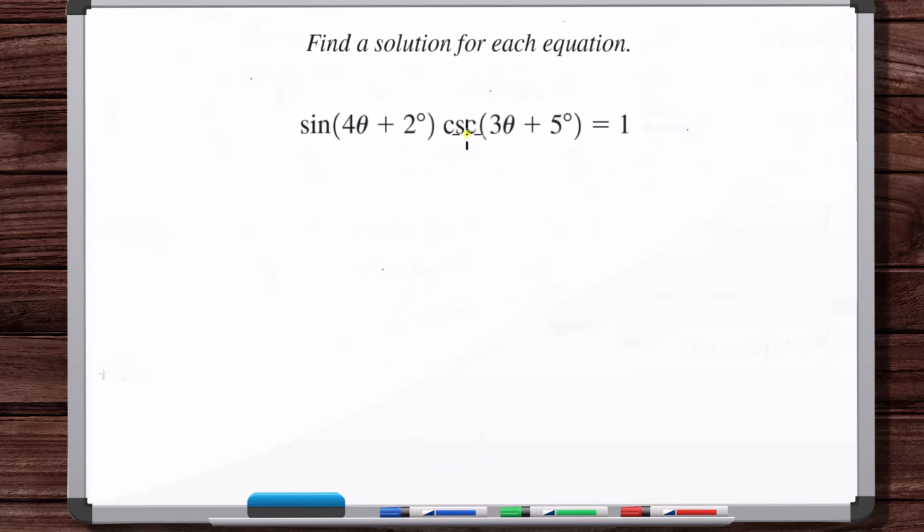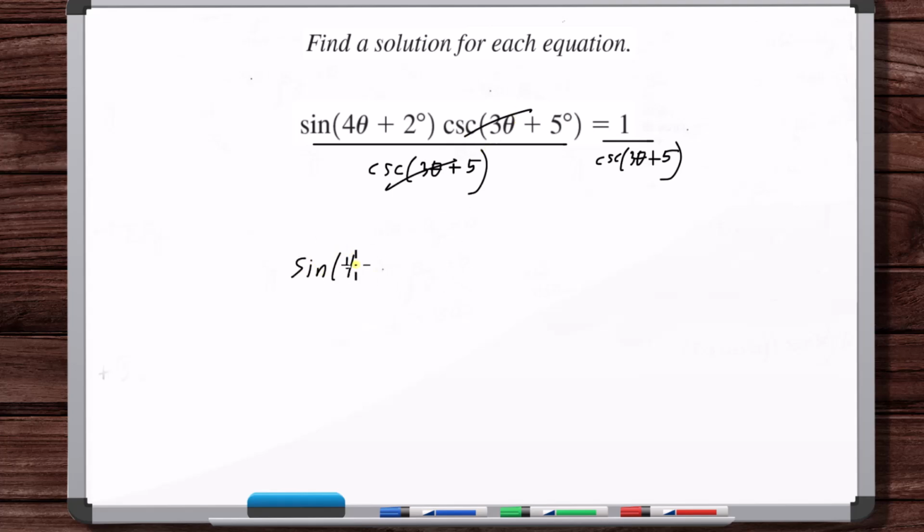Okay, cosecant is the reciprocal of sine, so this should work in that we could divide both sides by the same expression. So these cancel, and you've got sine 4 theta.